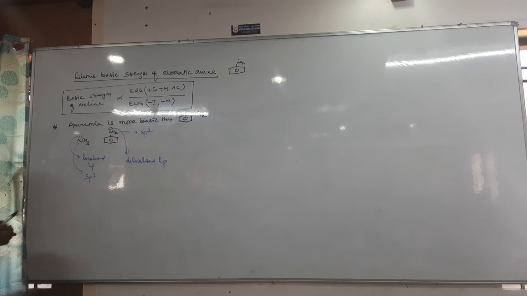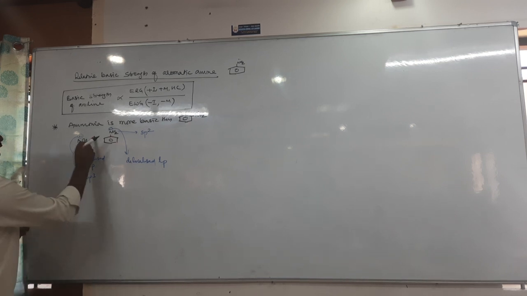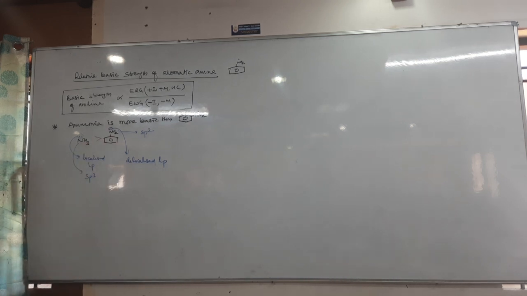So which is more basic? Ammonia is more basic compared to aniline, because sp2 nitrogen has more electronegativity compared to sp3 nitrogen. Therefore ammonia is more basic than aniline.